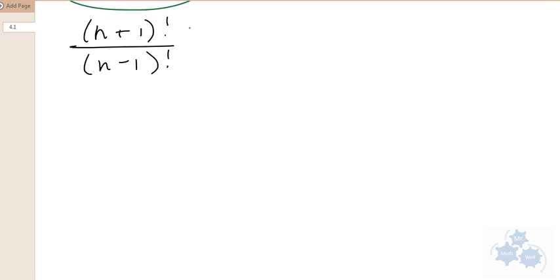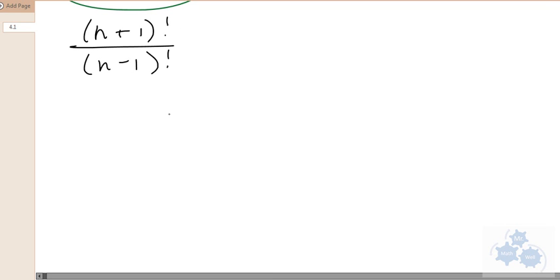Okay, so obviously, I'm recording this for you, so you can look back at these examples again, watch them again if you need to. But if we understand factorial, what we understand is that this n plus 1 factorial is actually n plus 1, and then I'd subtract 1 from this, so that's just n times n minus 1 times n minus 2, and so on.